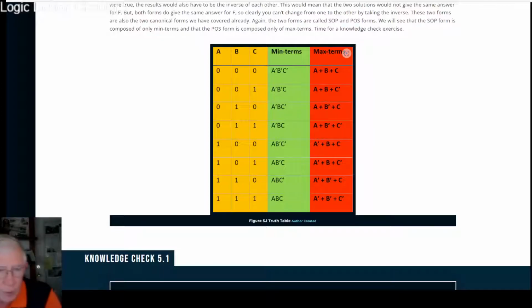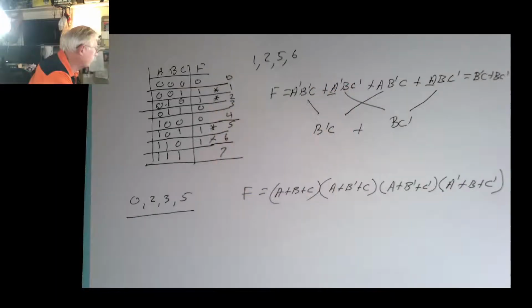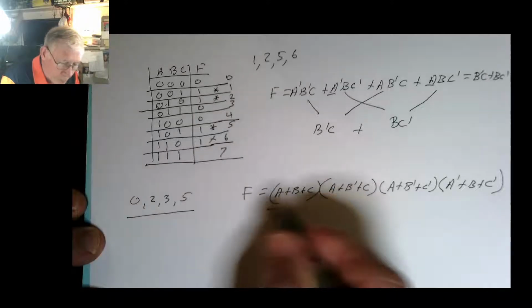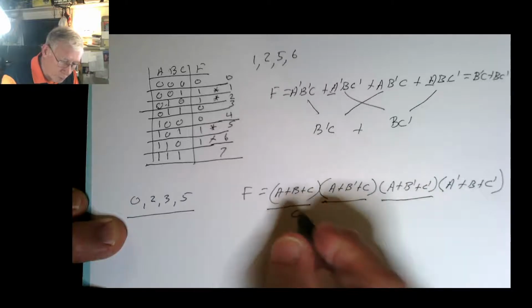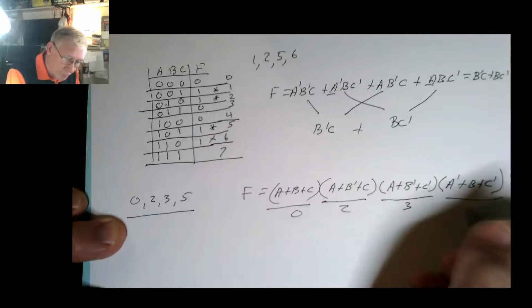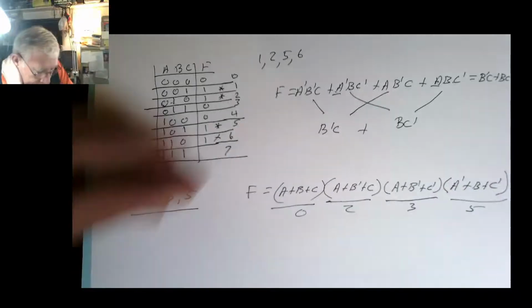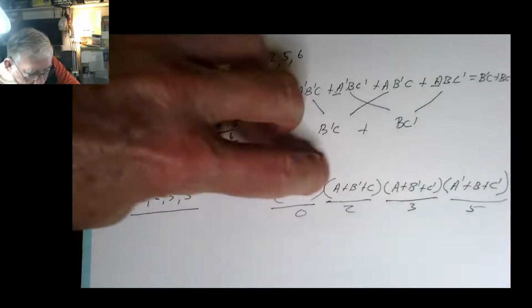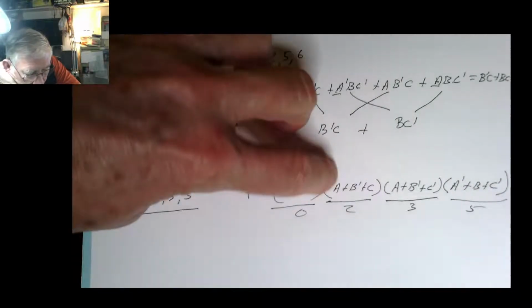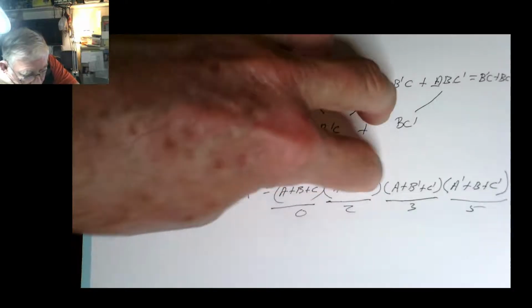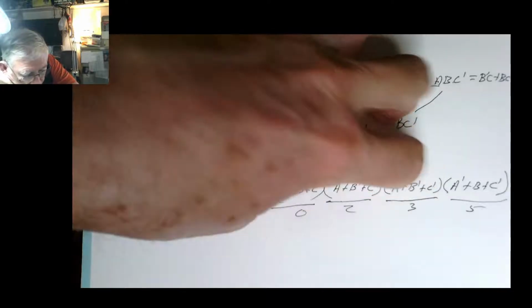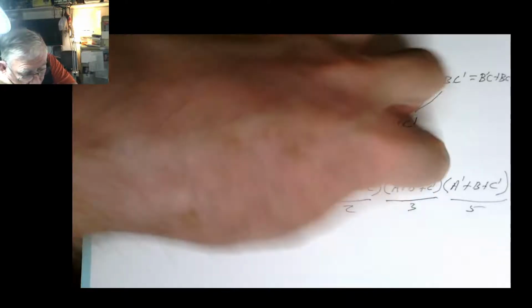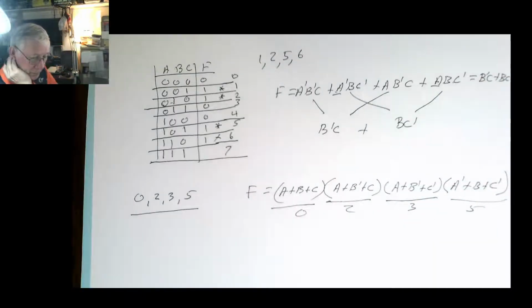All right, so here's what we got. Max term 0, max term 2, max term 3, and max term 5. A plus B plus C, quantity times A plus B prime plus C, which is 2, quantity times A plus B prime plus C prime, which is max term 3, and A prime plus B plus C prime, which is max term 5.